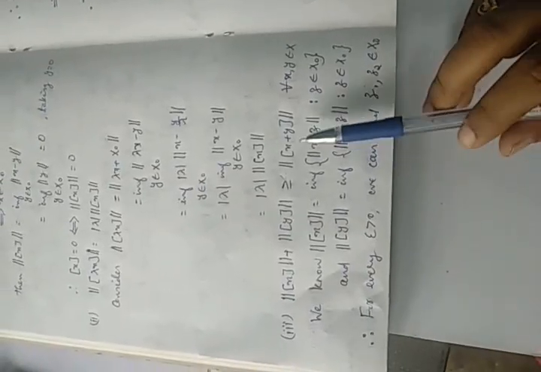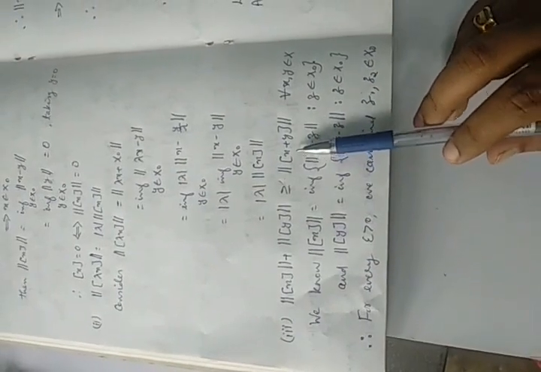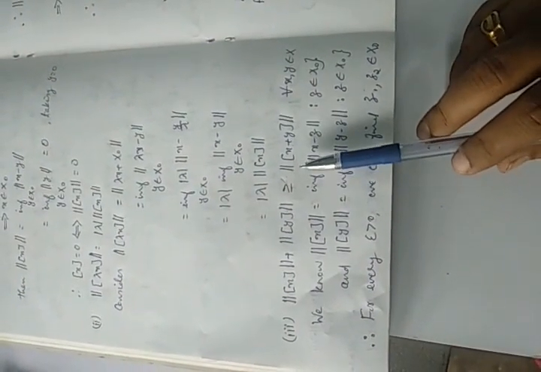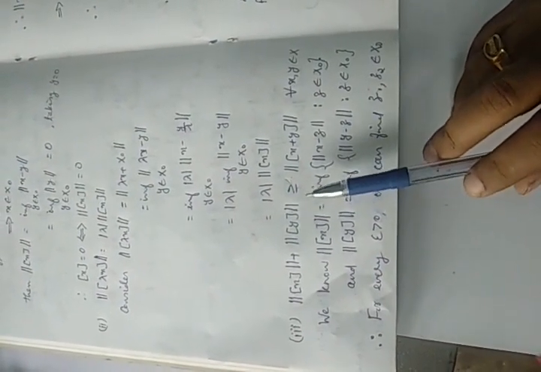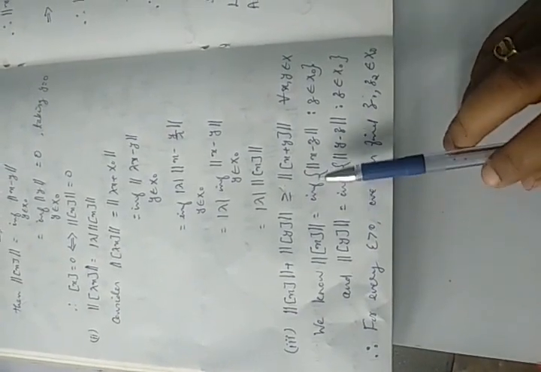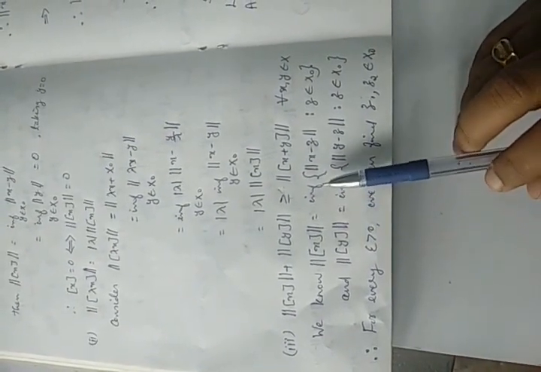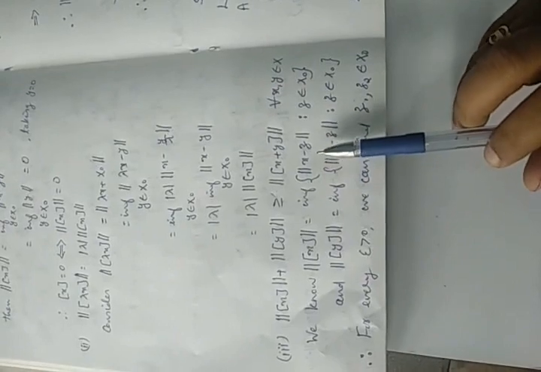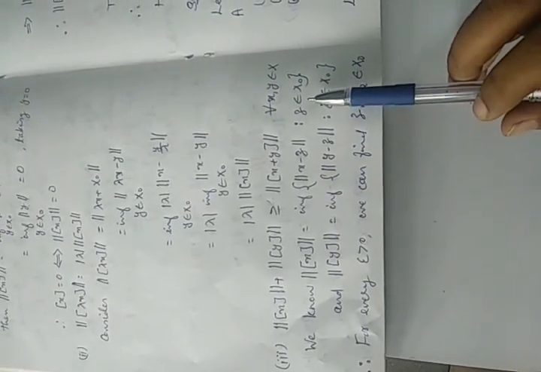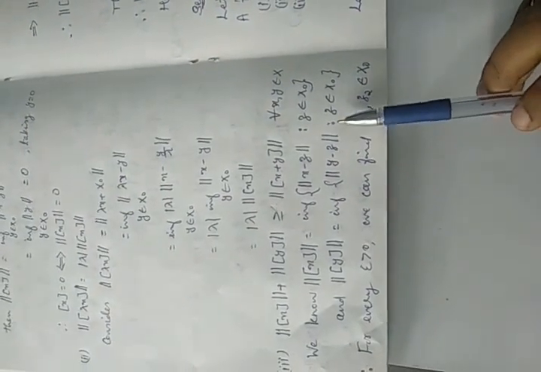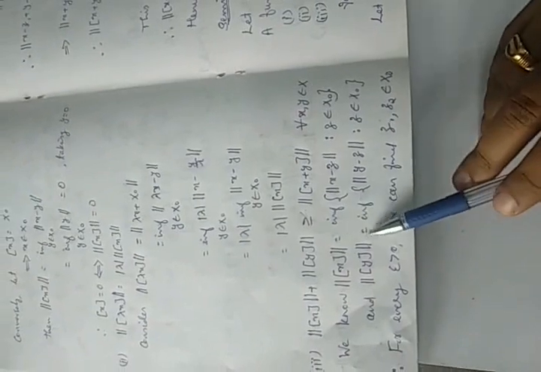Next, to prove the triangle inequality: the norm of class x plus y is less than or equal to the norm of class x plus the norm of class y. By definition, the norm of class x is equal to the infimum of norm of x minus z, where z belongs to x naught, and the norm of class y is equal to the infimum of norm of y minus z, where z belongs to x naught. So these two quantities are infimums.